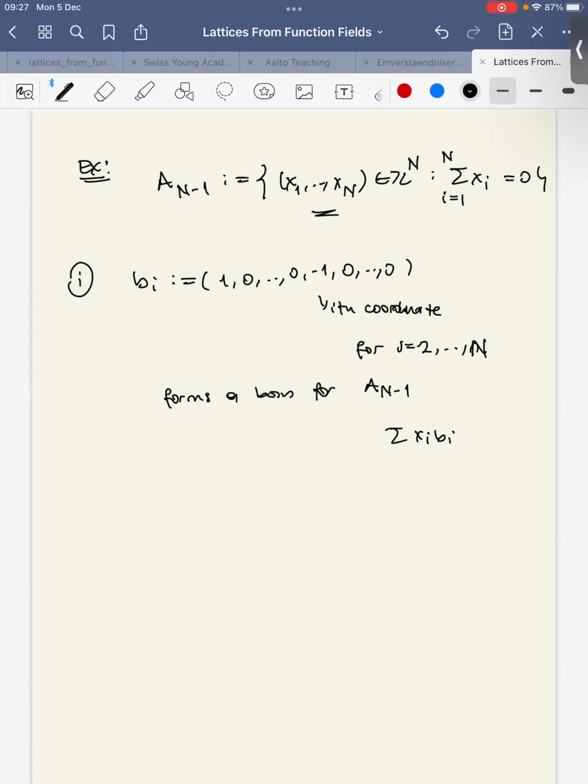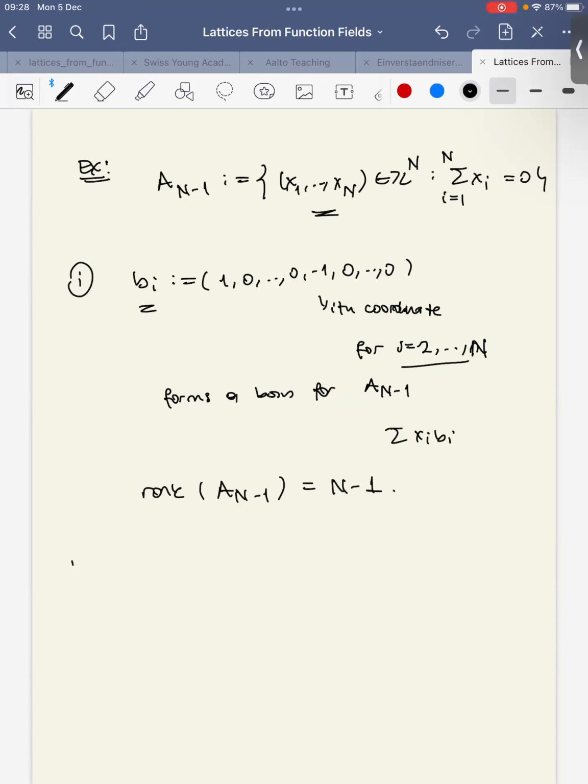And we can also verify that these b_i, when i runs from 2 to n, are linearly independent over R, so the rank of this lattice is indeed n-1.